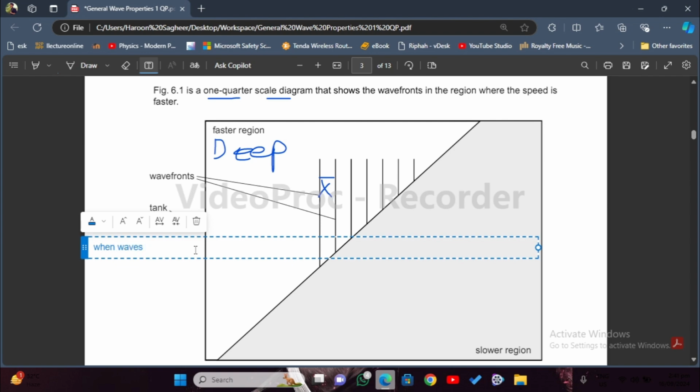When waves travel from a dense region to a rare region or medium, these waves would bend away from the normal, and vice versa.